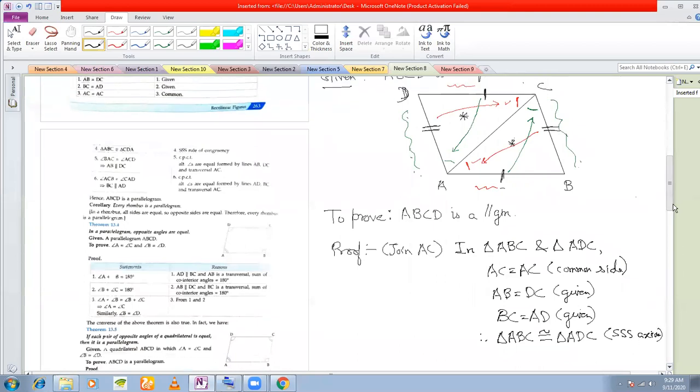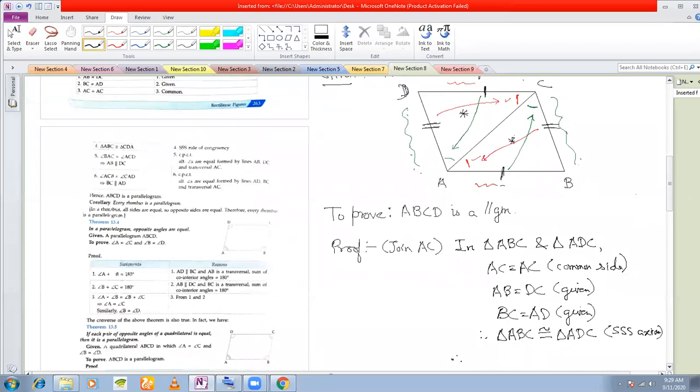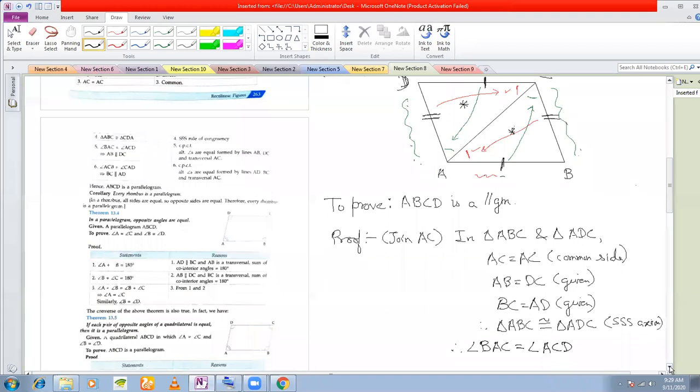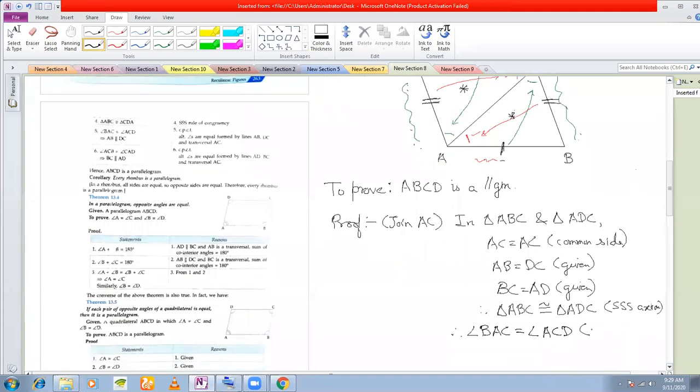And therefore, what can you say? The red angles are equal. Since I've written ABC first, let me write the angles of ABC first. Angle BAC is equal to angle ACD by CPCT. But these are alternate angles.